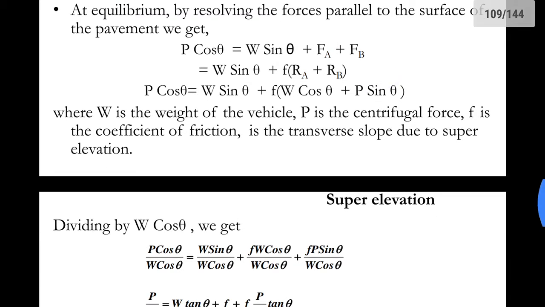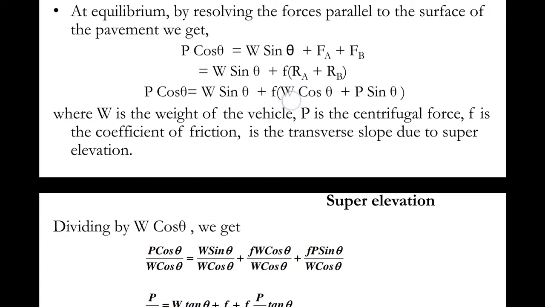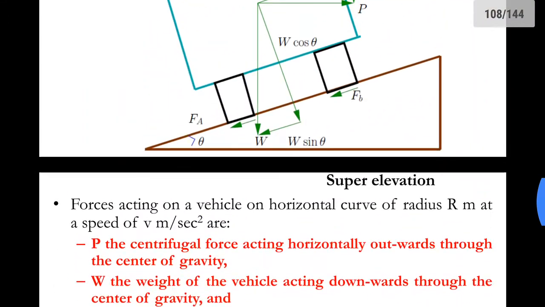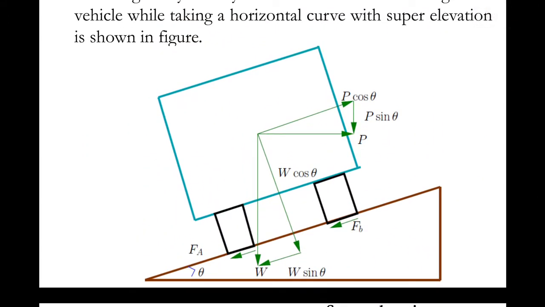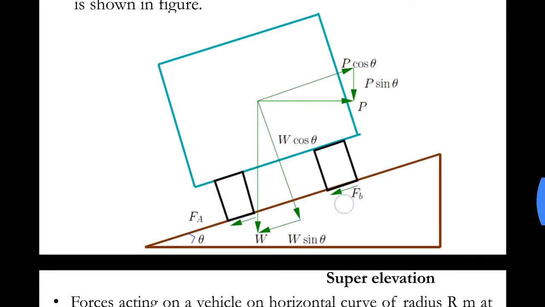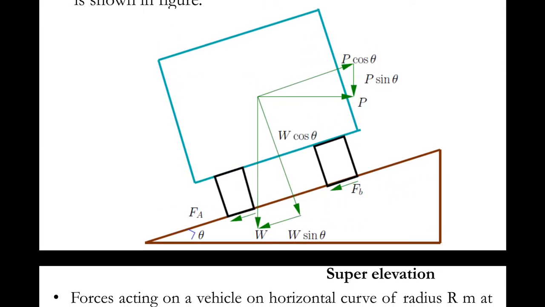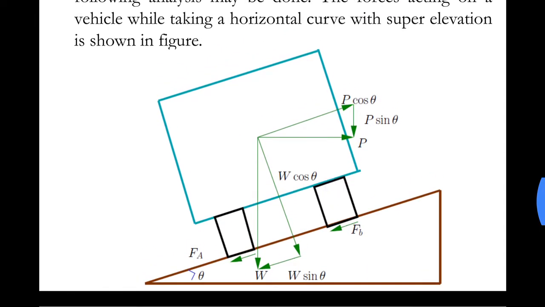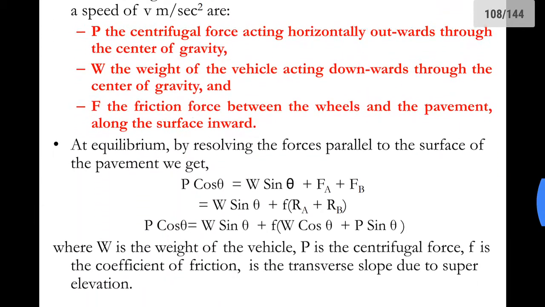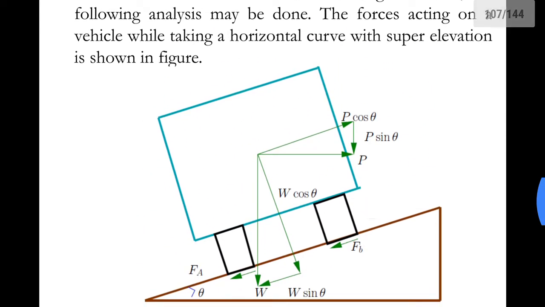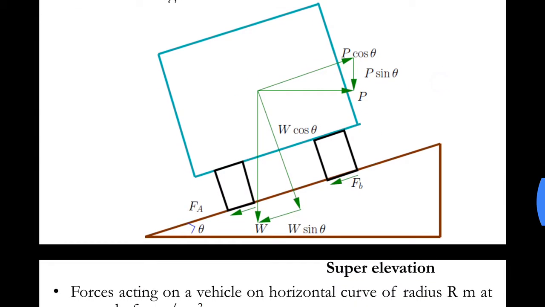Now P cos theta equals W sin theta plus f into Ra plus Rb. Now Ra plus Rb is the upward force acting here, and it will be equal to W cos theta plus P sin theta. P sin theta is the downward force here, and W cos theta is here.